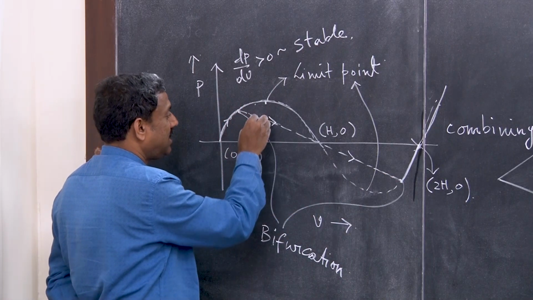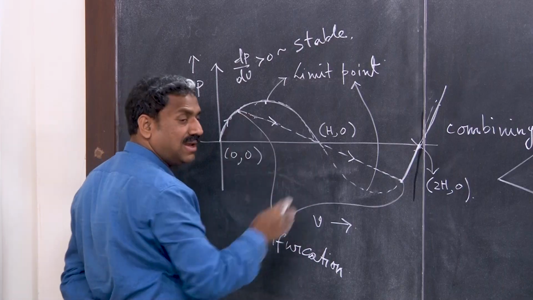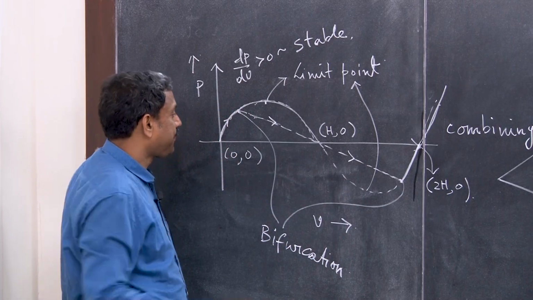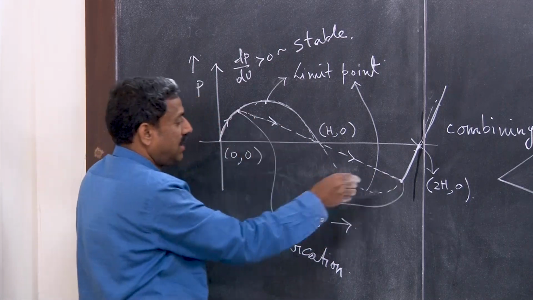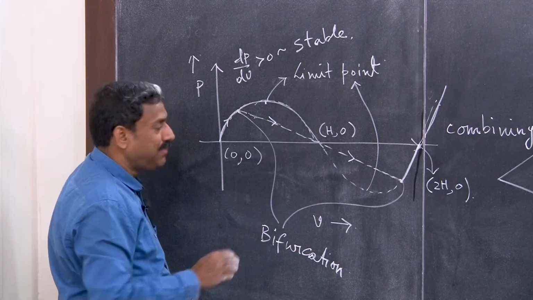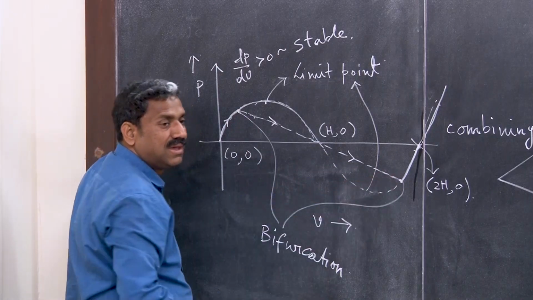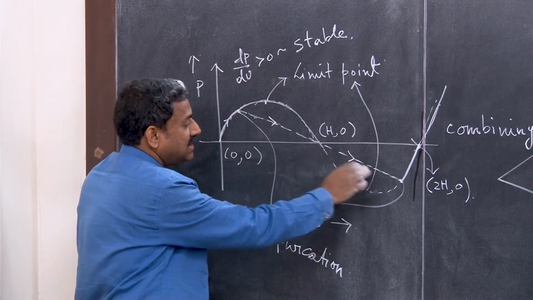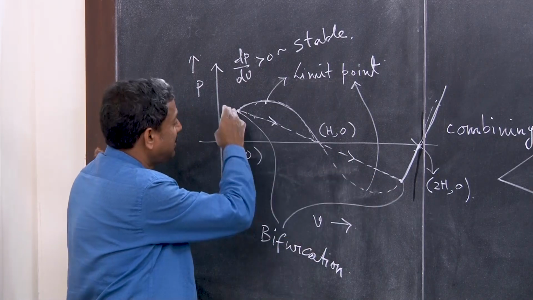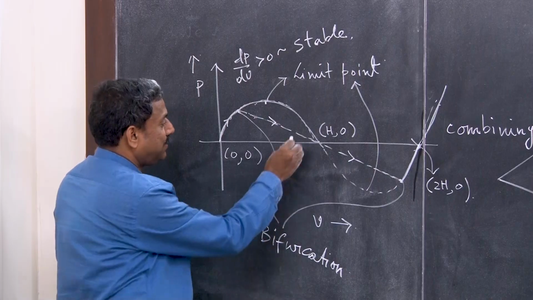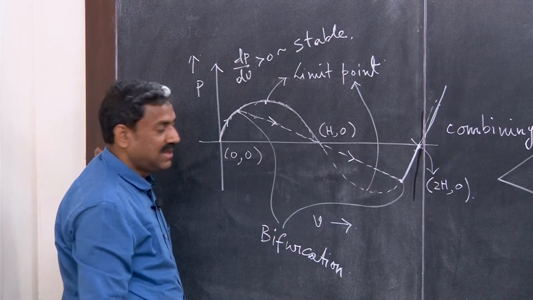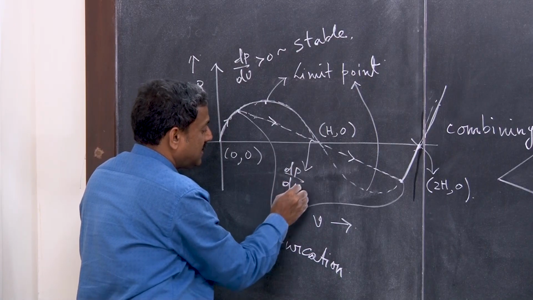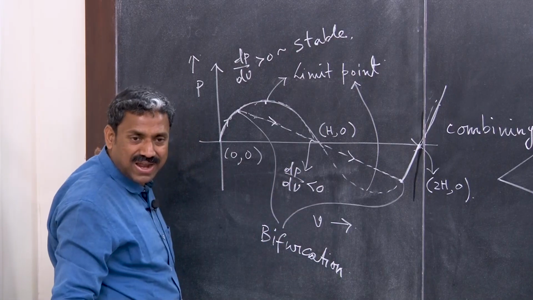So, this implies bifurcation, and even in bifurcation, from here to here it will not be a snap through, because it is an adjacent path, okay, but it is an unstable path, because the slope is negative, right. This path is unstable. Why? Because dv is less than 0, the slope, right.